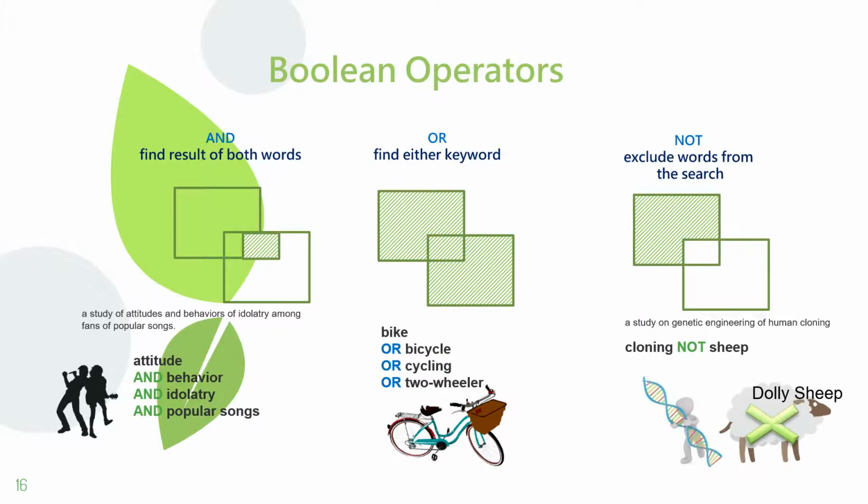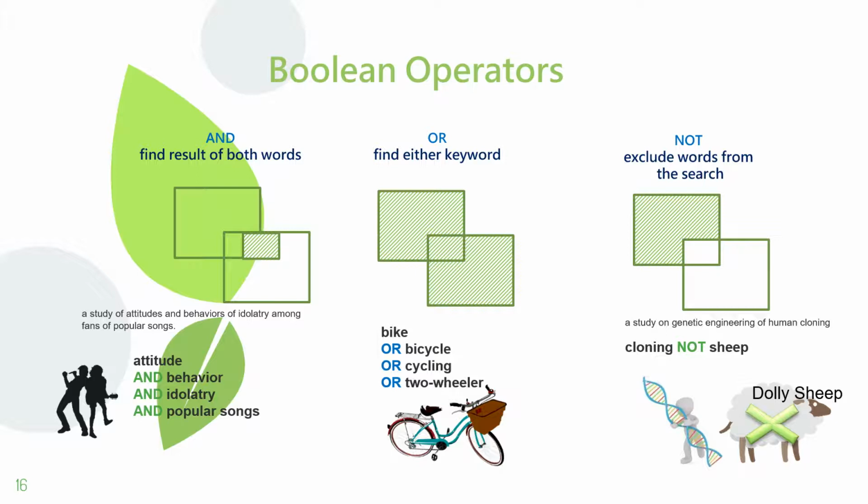Let's do a quick recap. Boolean operators allow you to connect search terms to get more focused results. The leading Boolean operators are AND, OR, NOT. As you saw in the online video, if you want two words to appear together, you can use AND.